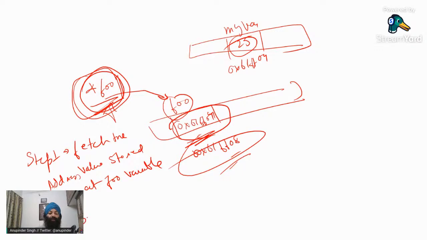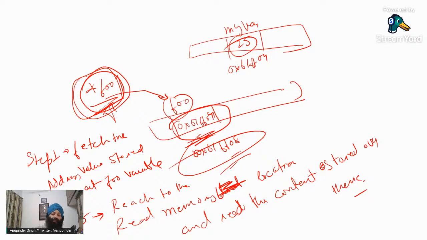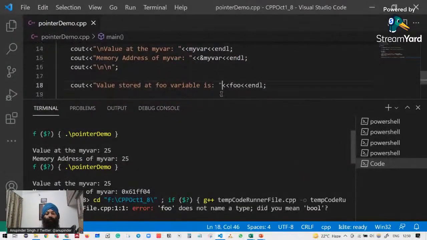Then step two is to reach the memory location and read the content stored over there, right? So the first step is fetching the value from the foo memory location, and the second step is reaching out to that particular memory location and fetching the value 25, right? This is what is going to be done.